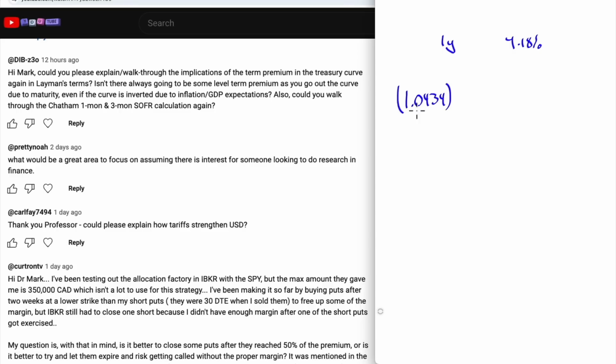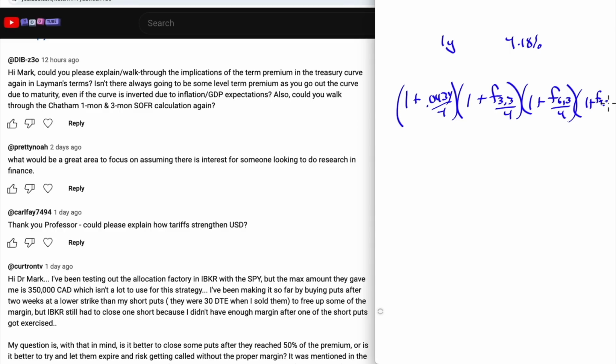So it'd be 1.0434 to the 0.25. Actually, let me write it another way. 1 plus 0.0434 over 4. You multiply by 1 plus whatever the forward rate is in 3 months for the 3 month, divided by 4, multiply that by 1 plus whatever the forward rate is in 6 months for the 3 month, divided by 4, multiply that by 1 plus the forward rate in 9 months for 3 months, divided by 4.